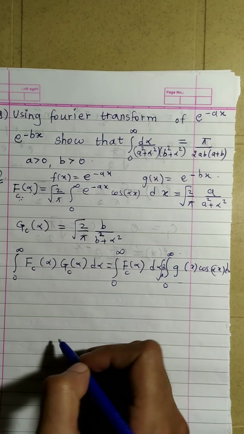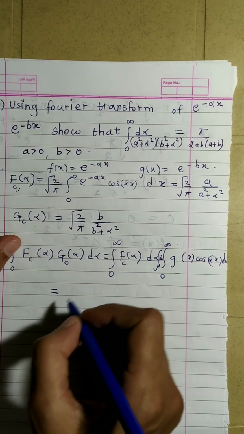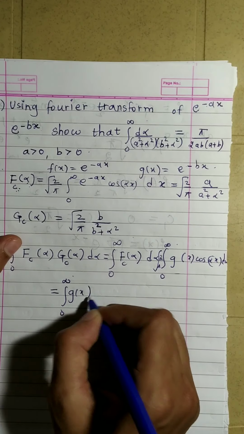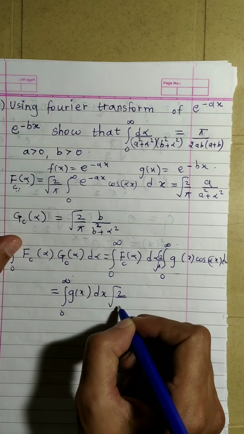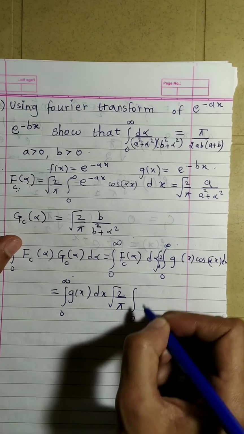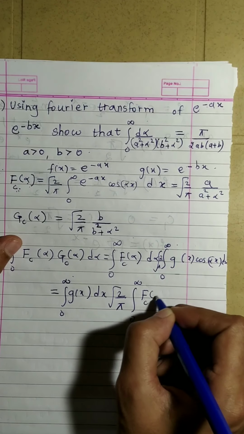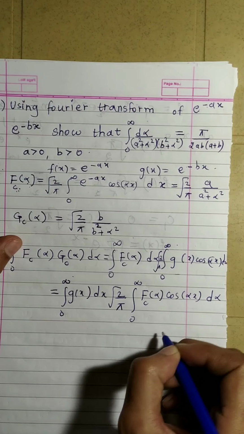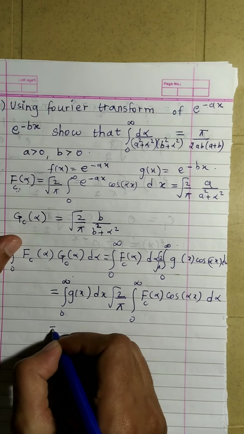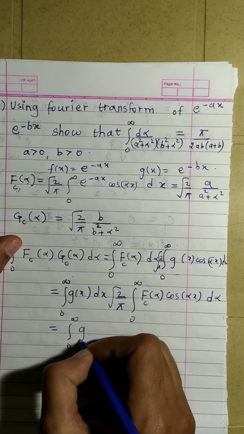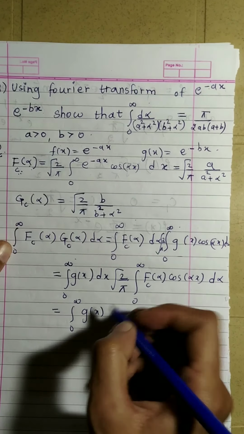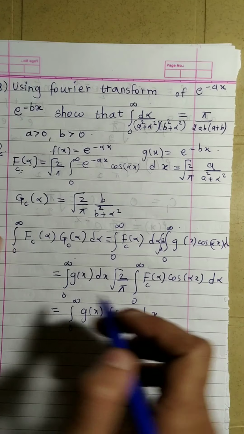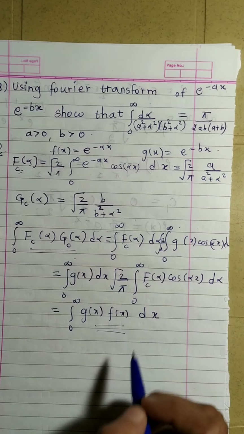So this is equal to the integral from 0 to infinity g of x dx, root of 2 by pi, integral from 0 to infinity of the Fourier cosine transform of alpha cos of alpha x d alpha. If you see here, this is nothing but f of x, and this dx. So this is equal to this.